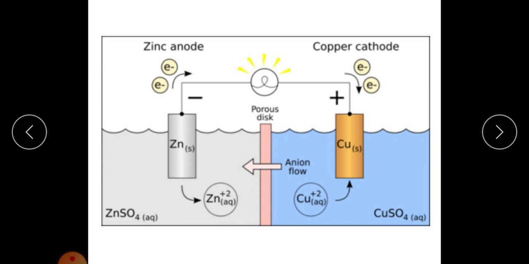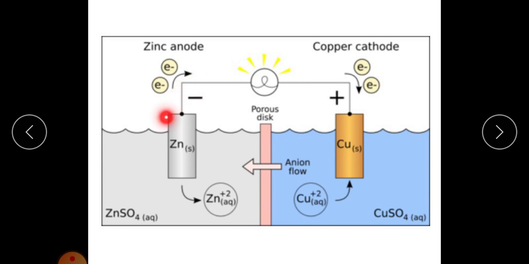The zinc goes into the solution, dissolves and corrodes, while the copper is deposited at the copper cathode and gets protected. So this is the overall galvanic cell. In this galvanic cell, oxidation occurs at Zn and reduction occurs at copper.